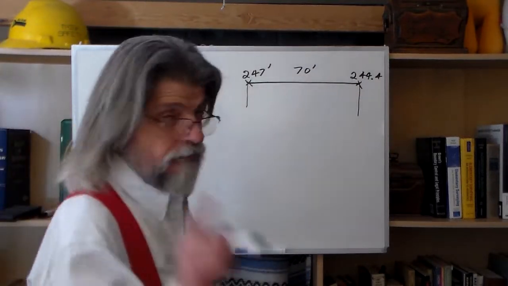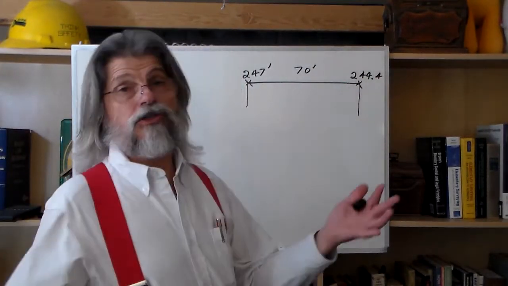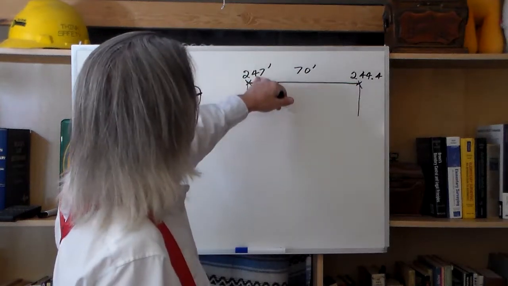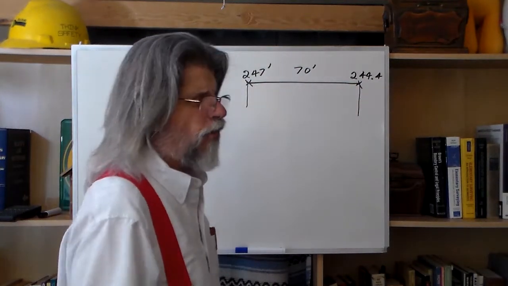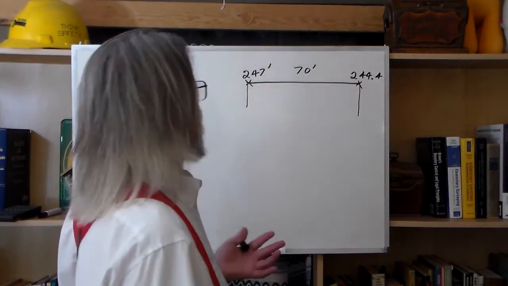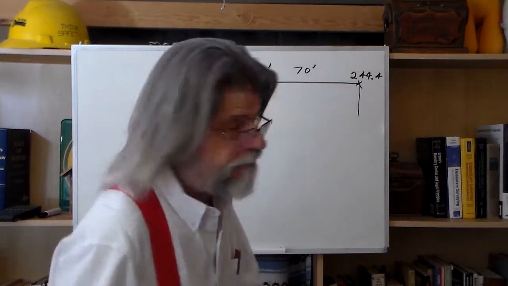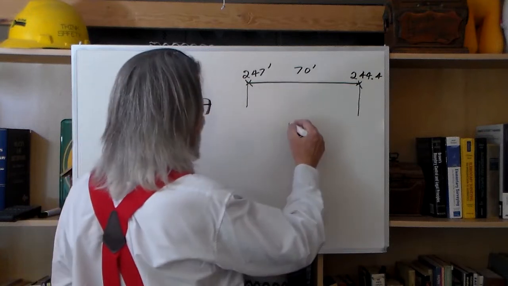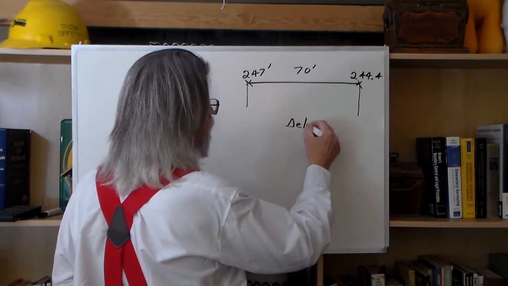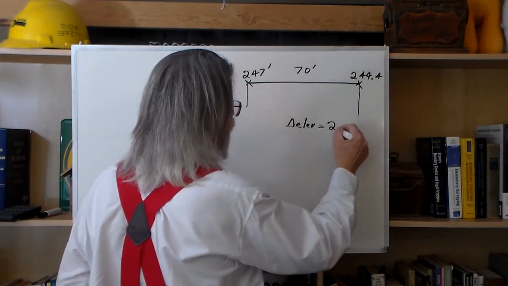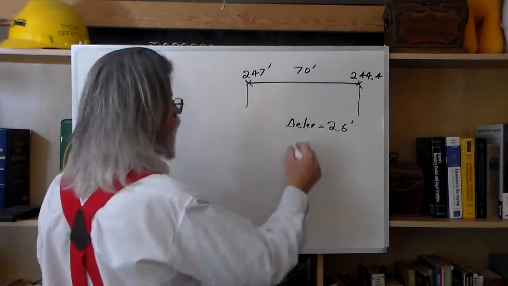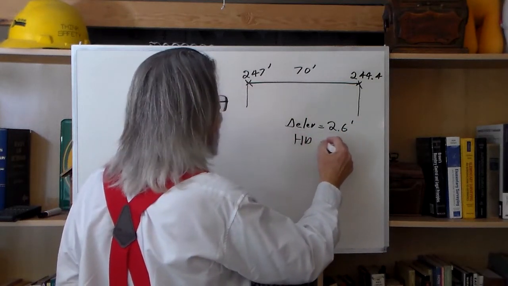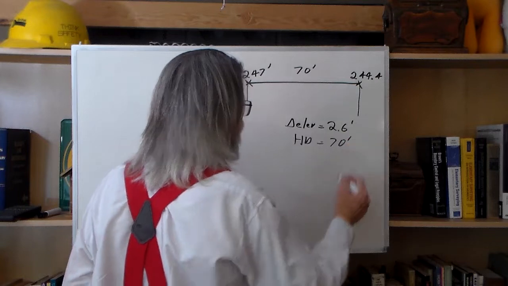Well, step one, let's figure the change of elevation. 247 minus 244.4 gives us a difference of 2.6 feet. So, our delta elevation is 2.6, and our horizontal distance is 70 feet.